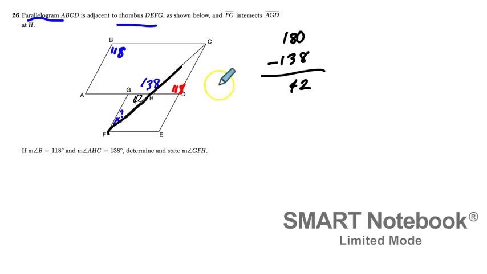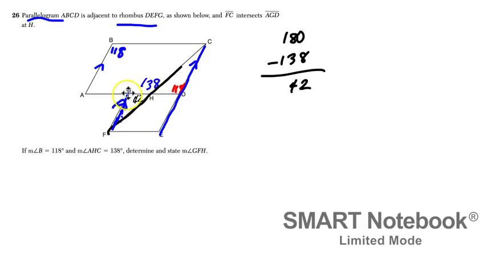I know, let's see, this is a straight line right here. And I know that ABCD is a parallelogram. That means that these are parallel. And DEFG is a rhombus. That means that it's also parallel to that. So why is that important?